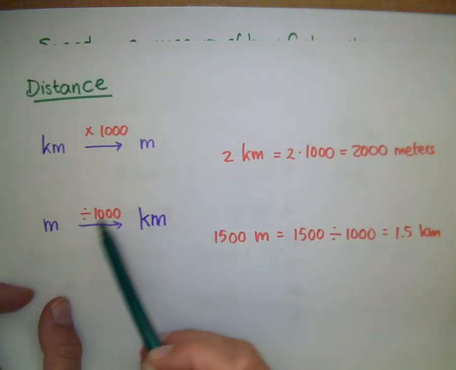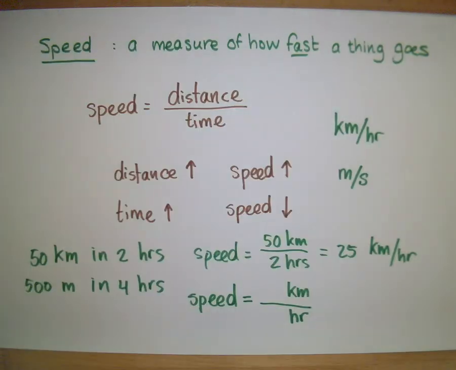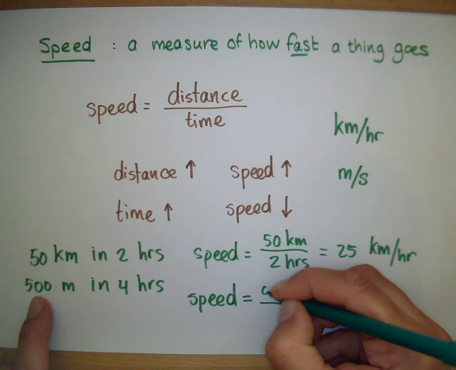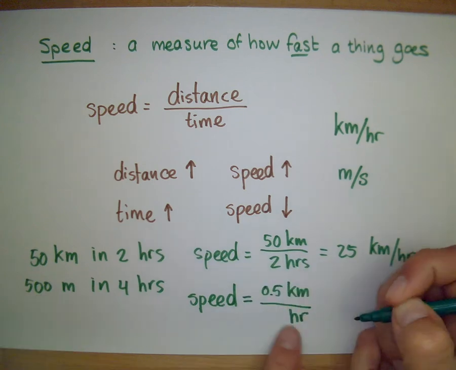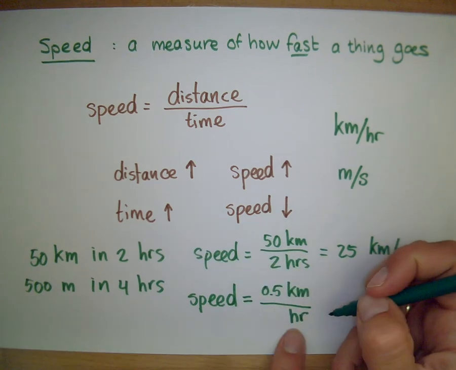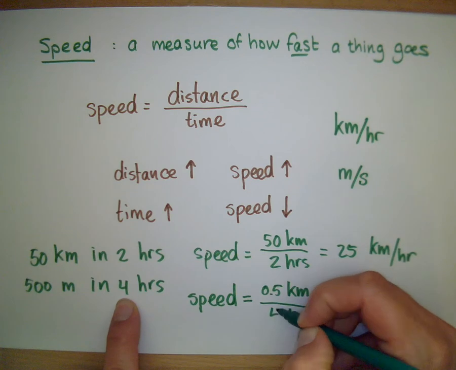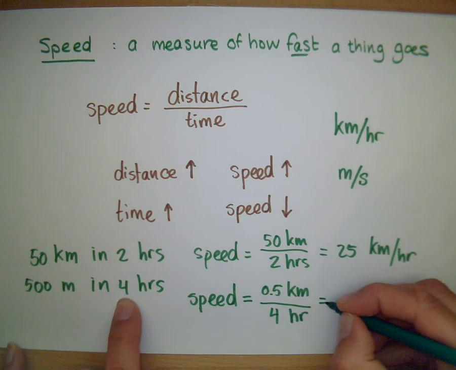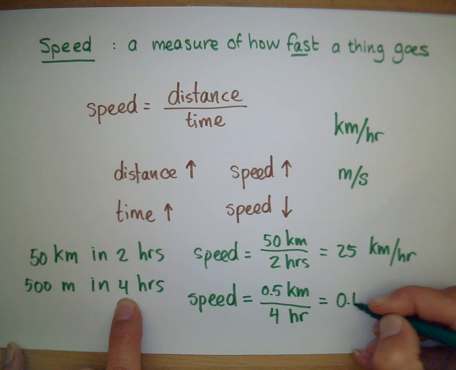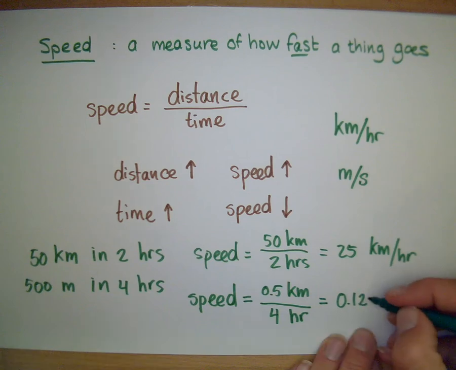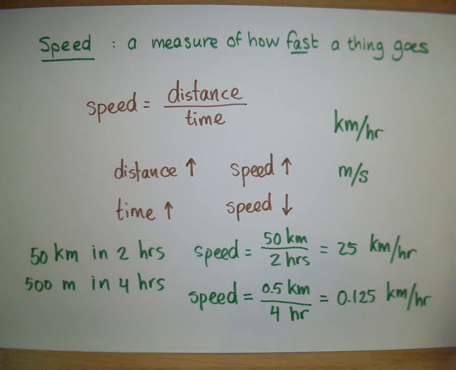Meters into kilometers, I have to divide by 1,000, right? So 500 divided by 1,000 is actually 0.5, right? My time was already in hours, so I just write 4. And this is 0.125 kilometers per hour. Okay?